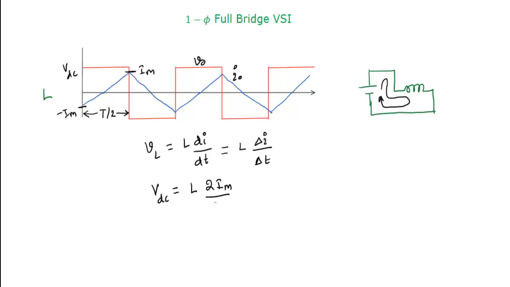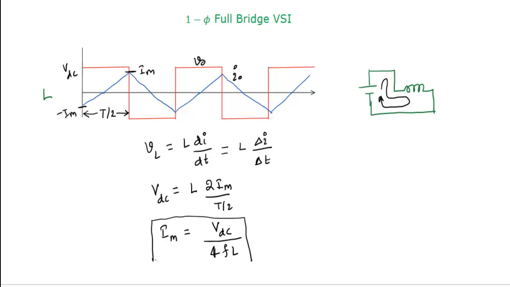So from this, the maximum value of inductor current for the pure inductor load is, you can take the 2 this side and T this side, and 2 again comes to the denominator, L comes to the denominator. That is nothing but VDC by 4FL.